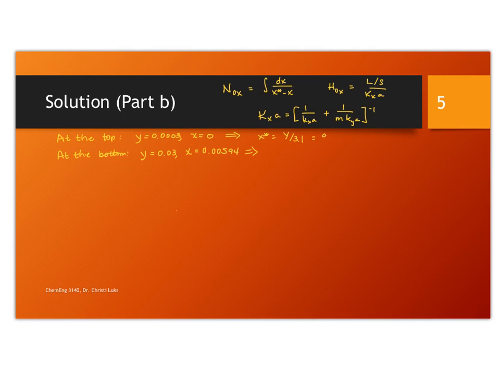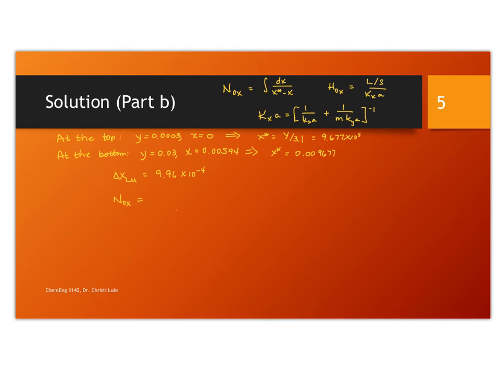At the top of the tower, it's 9.677 times 10 to the minus 5, and at the bottom of the tower, X star is 0.009677. I'm going to then use this to estimate delta X log mean. Now remember, delta X log mean is based on the difference between X and X star.